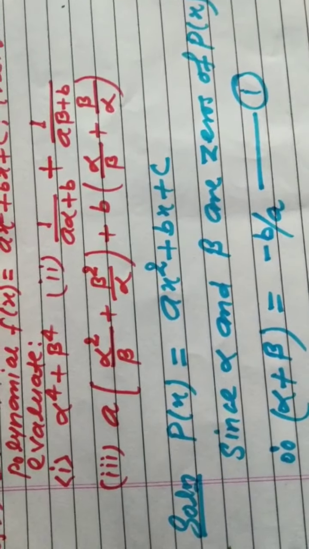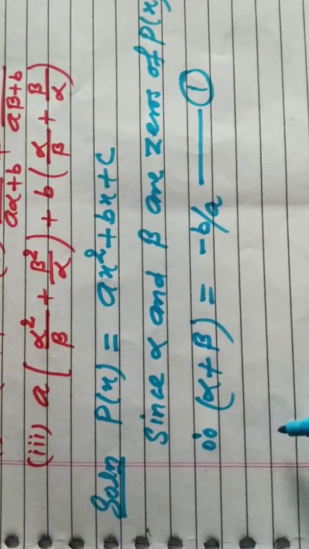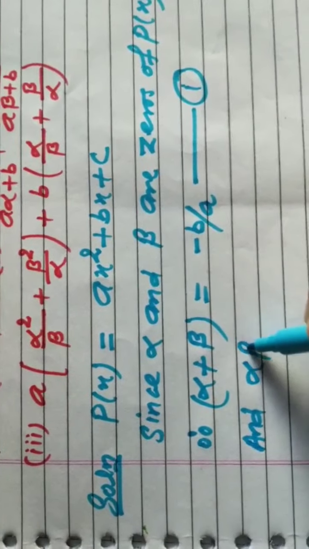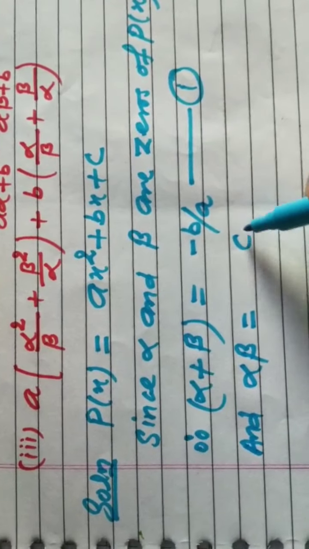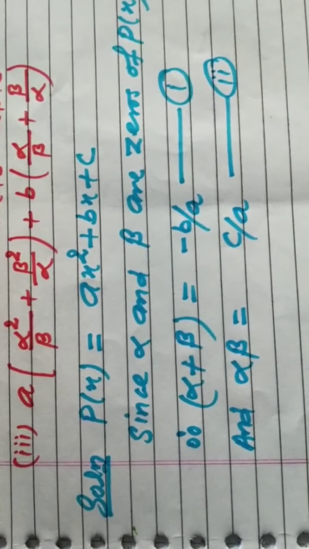This is equation first. And alpha into beta will be equal to c upon a. This is equation second.